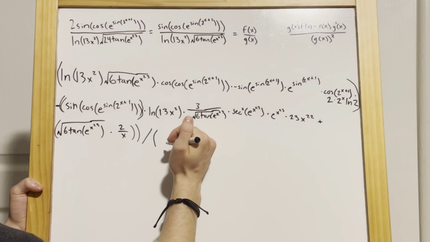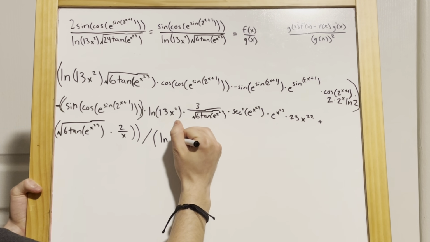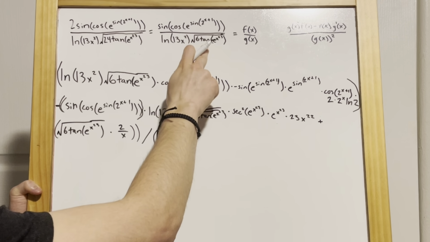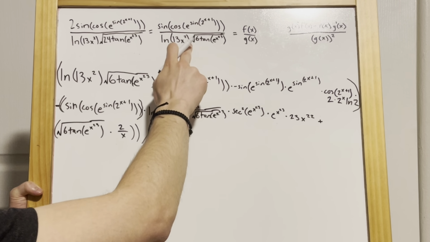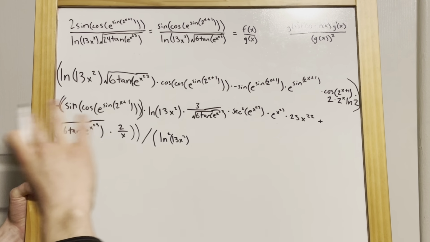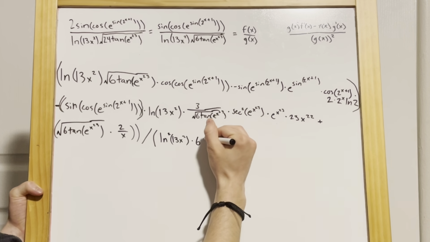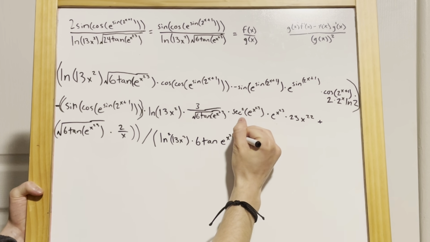So we will have natural log squared of 13x squared times this squared. And you'll notice there's a square root, and square root squared is just the inside. So then we'll be left with 6 tangent e to the x to the 23rd.